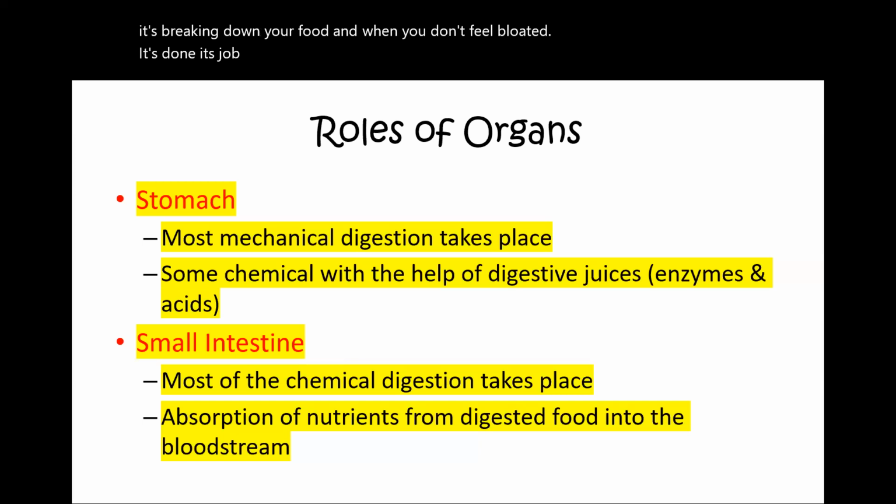And the food will move through the small intestines, where most of the last of the chemical digestion happens.